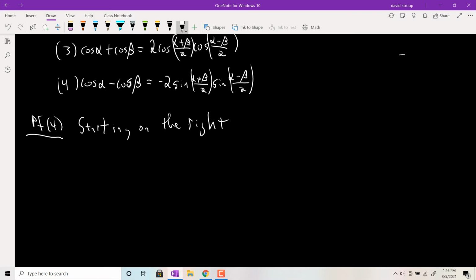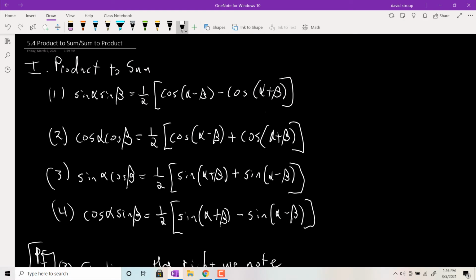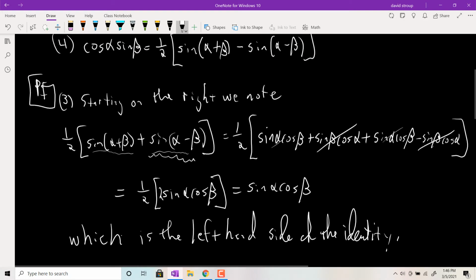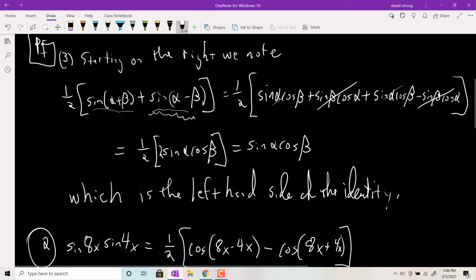Starting on the right, I have negative 2 sine of (alpha plus beta) over 2 times sine of (alpha minus beta) over 2. Okay. Well, I have these other formulas, the product to sum formulas, so I can apply these guys, right? So which version am I using? I'm using sine sine.